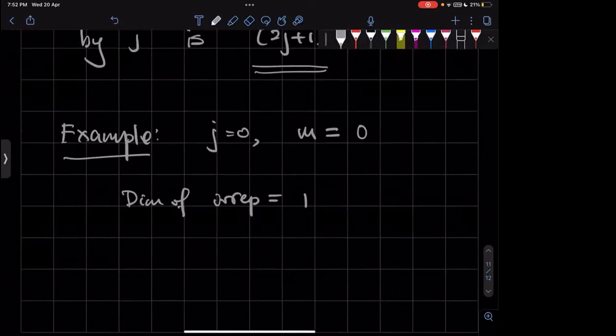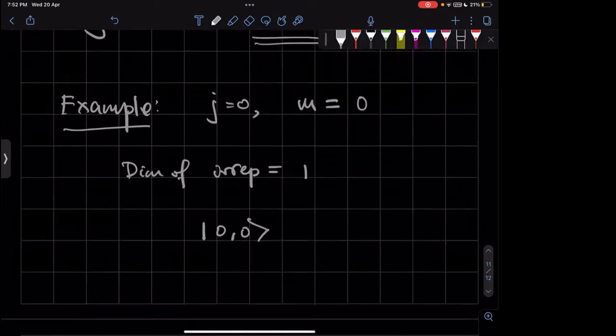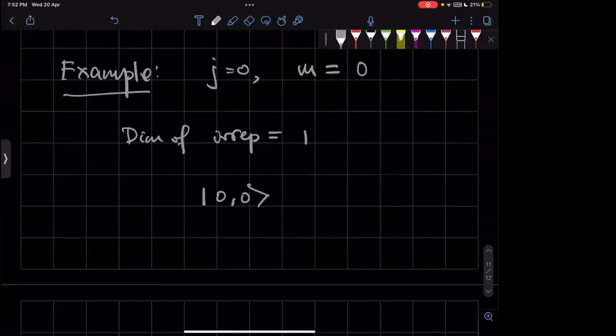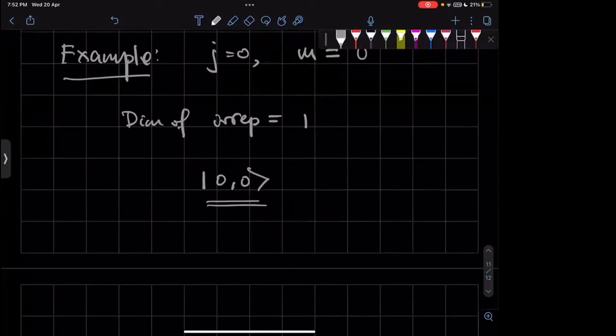So how do we label that vector? J is 0, M is 0, right? So what are the matrices then? The matrices of the representation will be 1 by 1, right?